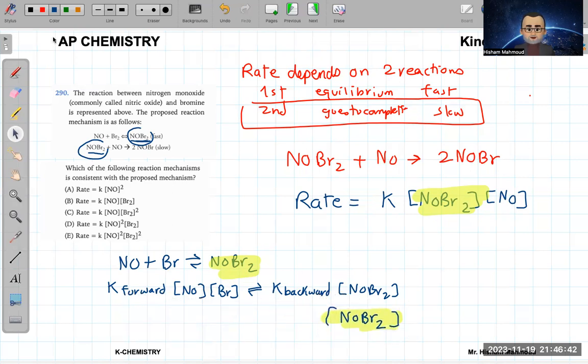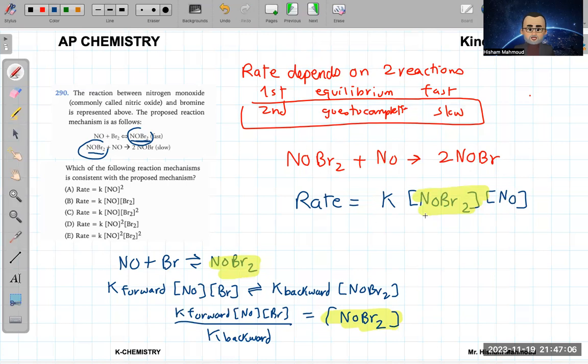Then I will say NOBr2, that I'm interested in, is equal to K forward, concentration of NO, concentration of Br2, divided by K backward. This is NOBr2 that's represented by this concentration.